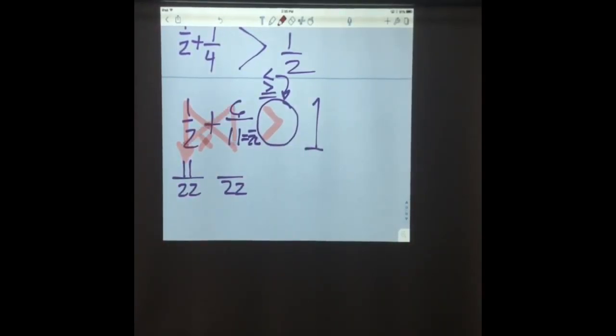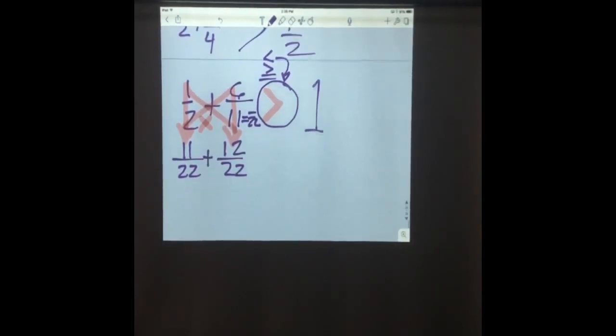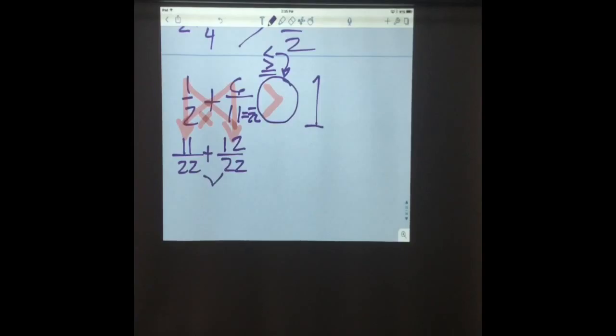2 times 6 is what? 12, right? 12 plus 11 is what? That would be 23 over 22. And what would this 1 equal if we were using 22s? Well, it'd be 22 over 22, right?